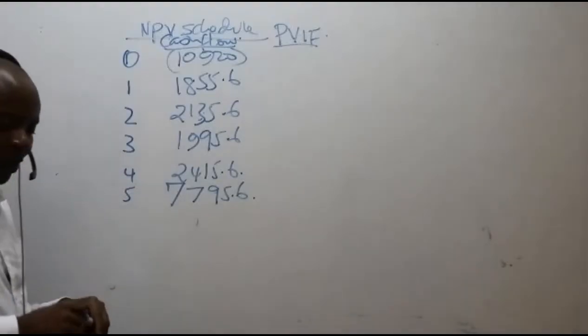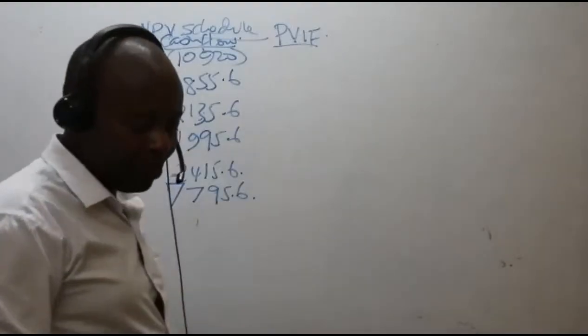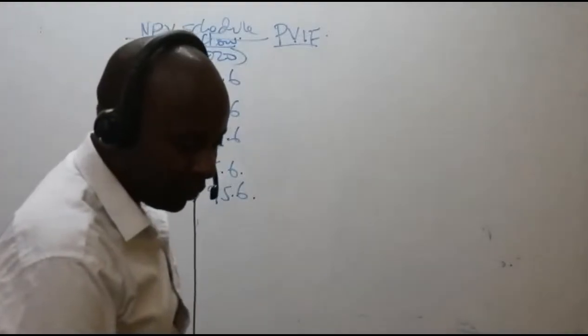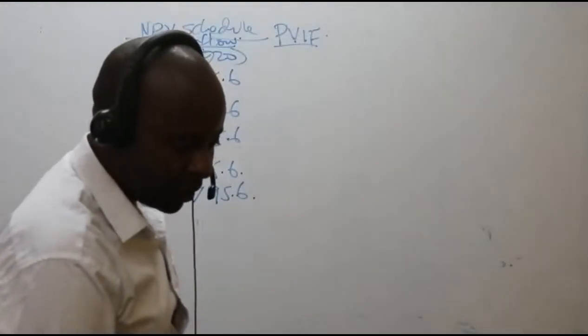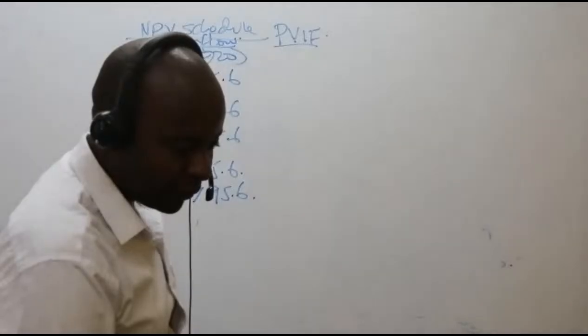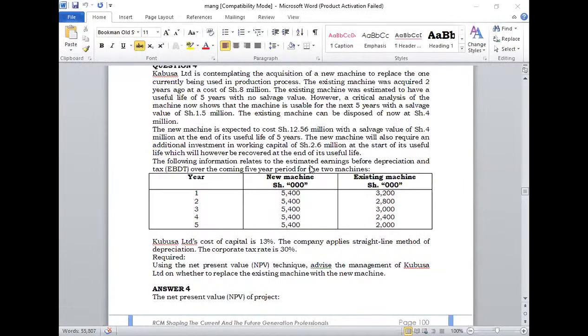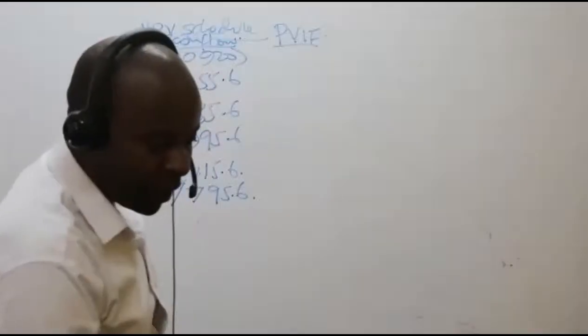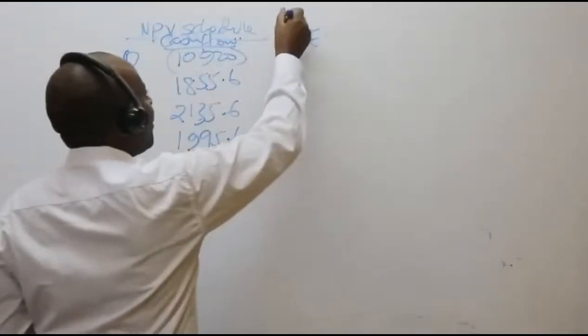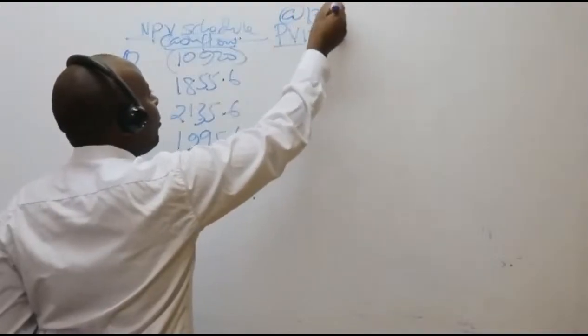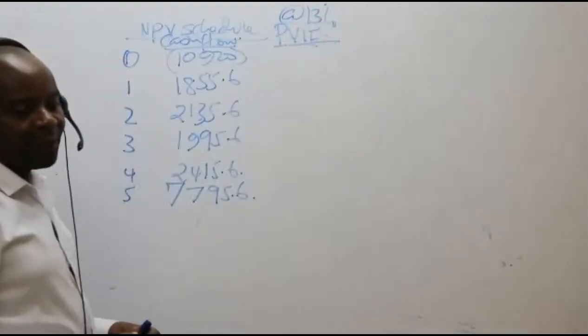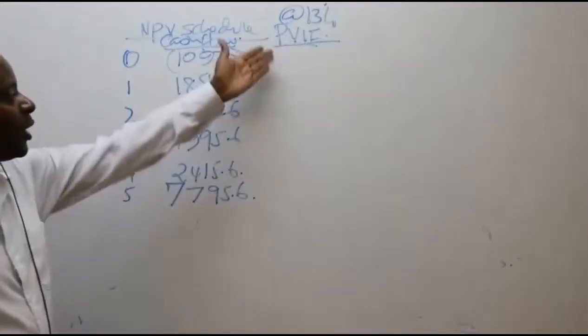The cost of capital is 13%. Is there anybody who has a lump sum table with 13%? Could you kindly read these figures for us?